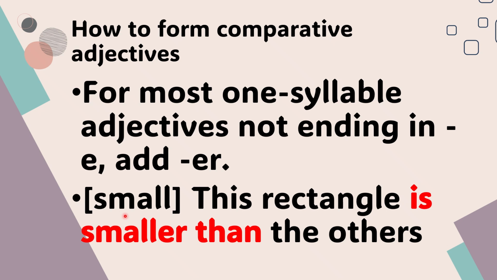So the adjective is small, it's one syllable, and not ending in E, so we add ER: smaller. This rectangle is smaller than the others.